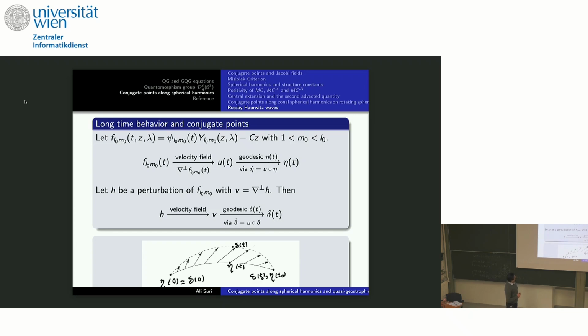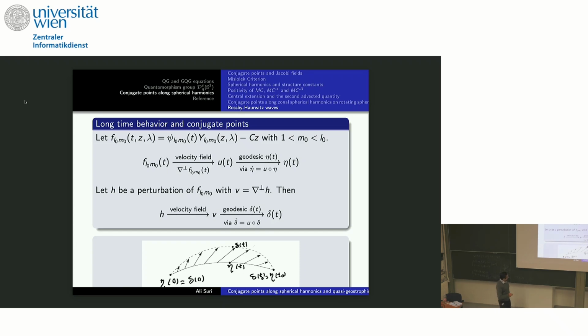Using this stream function, we have some time-dependent velocity field, and we can get a geodesic, eta. Stream function, Eulerian picture, Lagrangian picture.